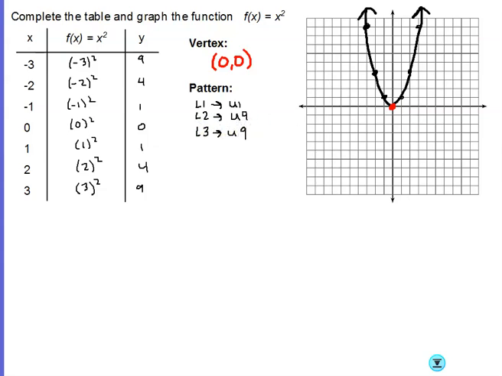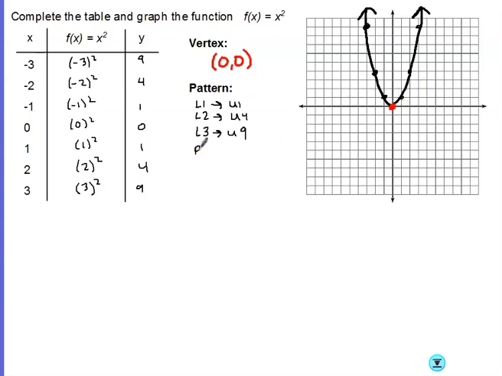So we can think of these lefts as x's that we're plugging in. I'm plugging in a -1 and I get +1, -2 and I get +4, -3 and I get +9. All we're doing to those inputs, those lefts, is squaring them, and then we get the up column. On the right, I do the same thing.